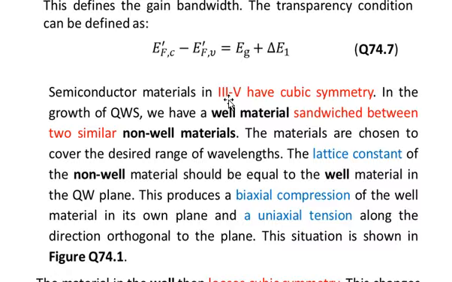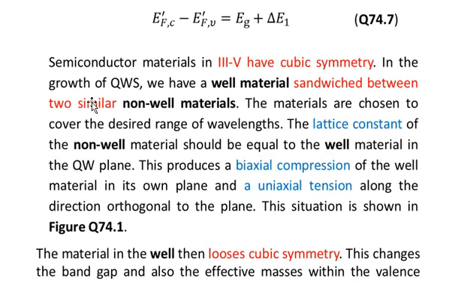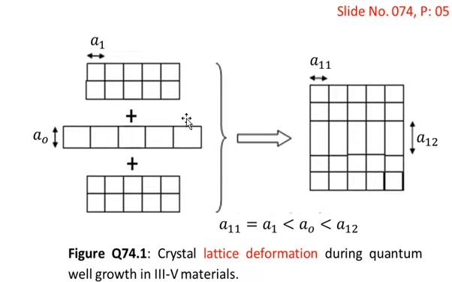Semiconductor materials in group III-V have cubic symmetry. In the growth of quantum well semiconductors, we have a well material sandwiched between two similar non-well materials. For example, let me show over here. In the middle we have the sandwiched material, which is the well material.